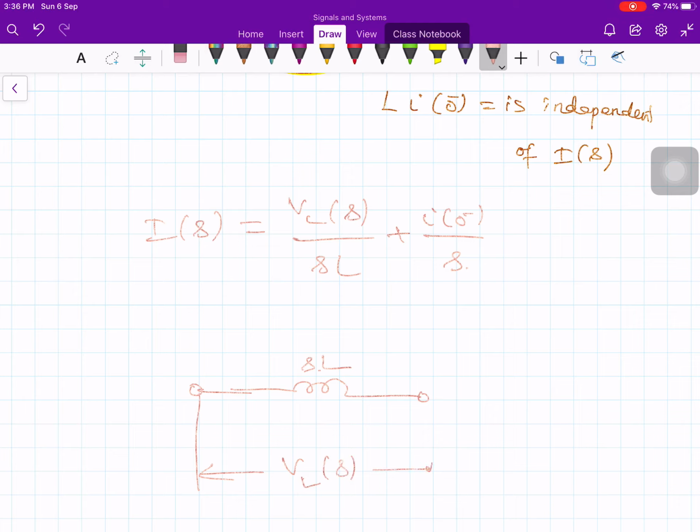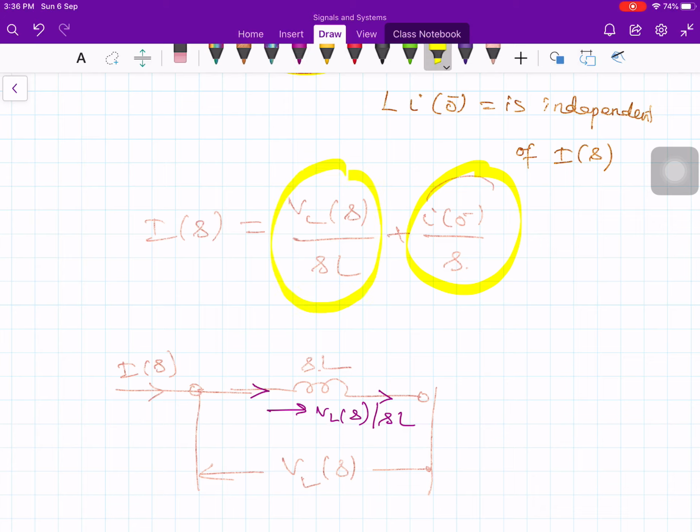Now the current flowing through the circuit is I of s. Now this I of s is not only this term, you have an additional term, this guy. By the way, what is the current flowing through this path, this branch? VL of s divided by SL. But in addition to this VL of s divided by SL, I have one more current. So therefore you put a parallel branch in this manner.